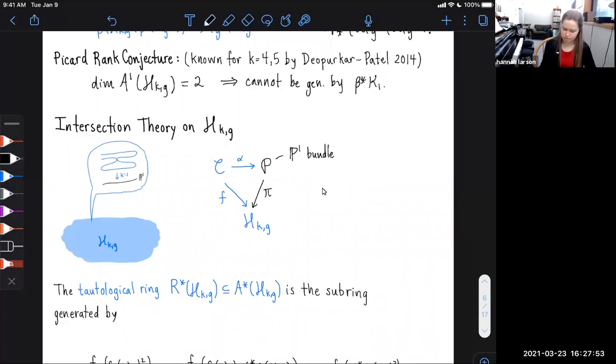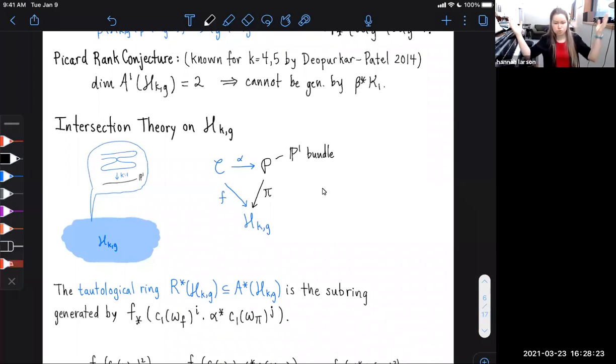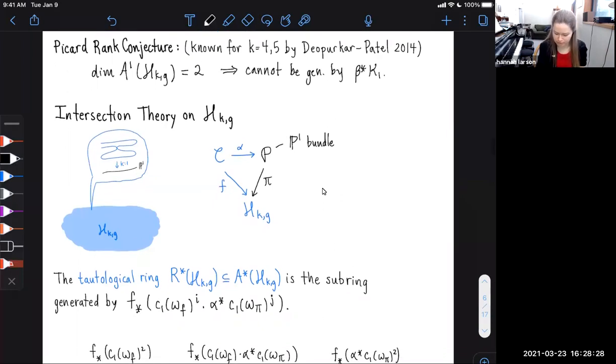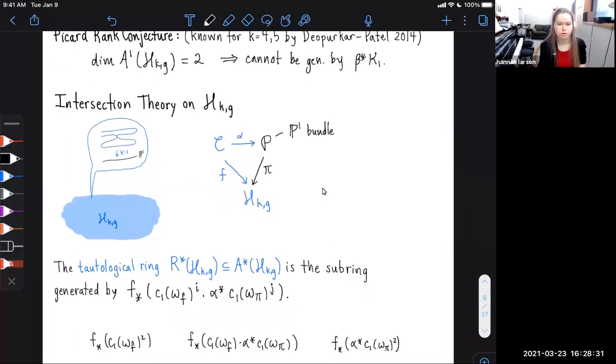Then we'll define the tautological ring of the Hurwitz space to be the subring generated by all classes of the form F push forward of some power of the first Chern class of omega_F times alpha pullback of some power of the first Chern class of omega_pi. So basically, I have two families of curves now, and I can build classes out of either of their relative canonicals.